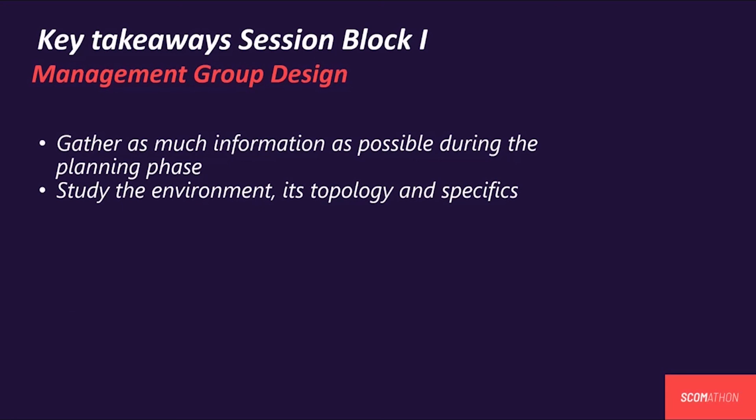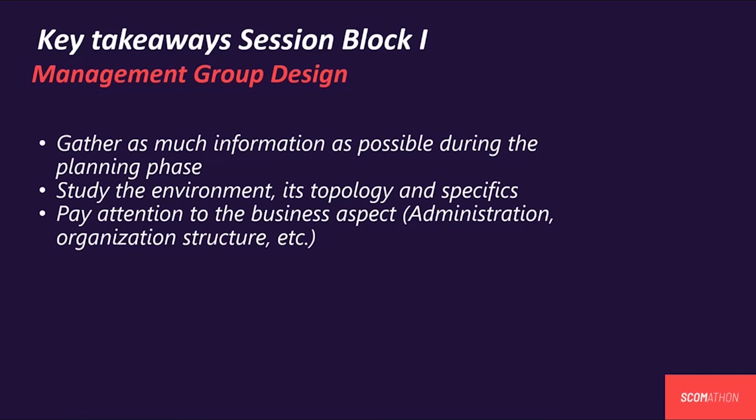So you need to study well the environment, its topology, and all the specifics, because this will help you make a decision in regards to all the important stuff like number of management groups, number of servers in each management group, etc., etc. You should always pay attention to the business aspect. So how your IT is organized, how your organization structure looks like, because this will also have an effect on how your management group is designed.